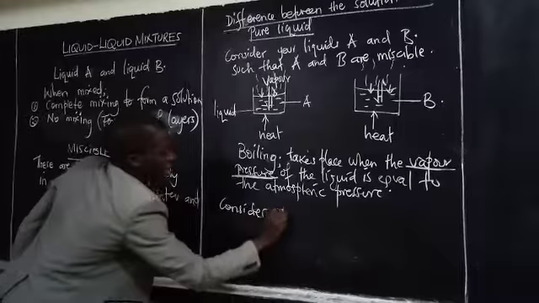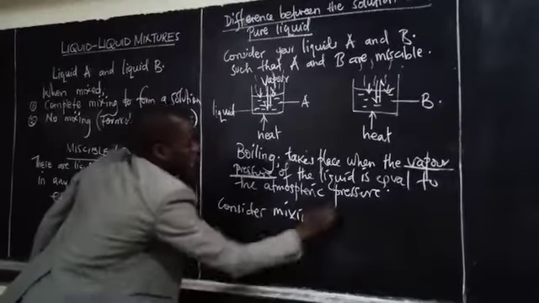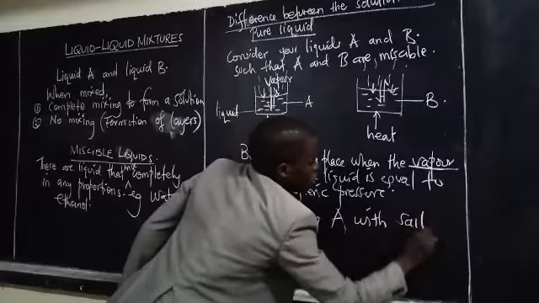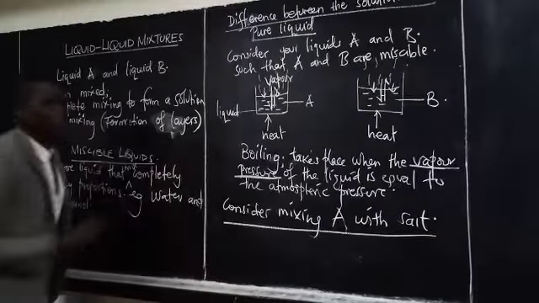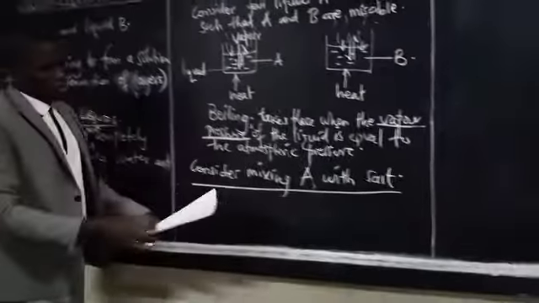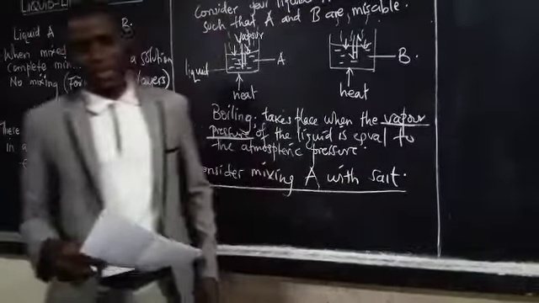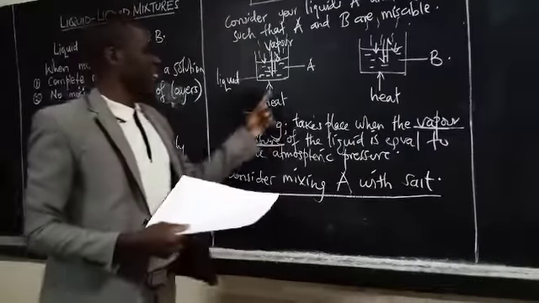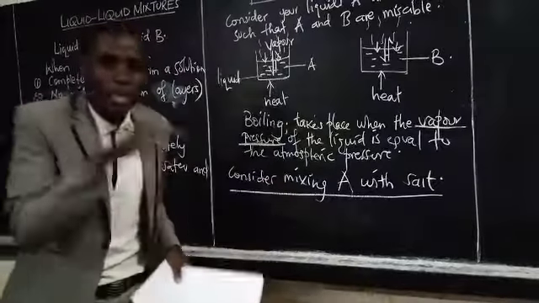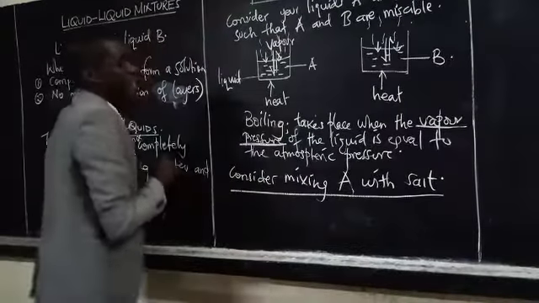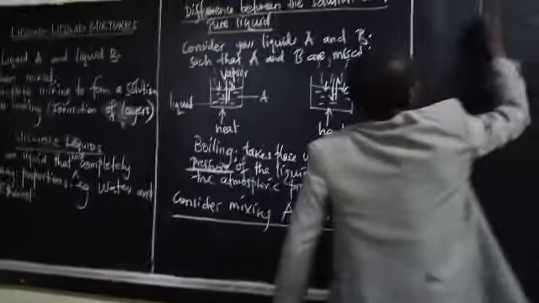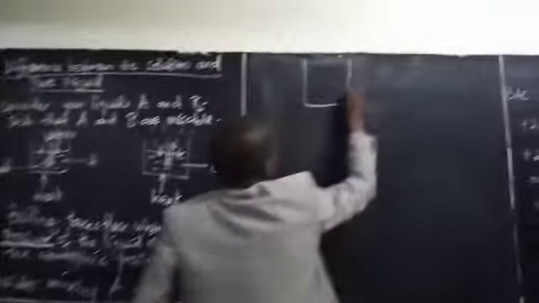Consider mixing air with salt. Just go pick salt. Salt is not expensive. You can pick some little, mix with air. Make sure you mix very well, and you make sure that they mix completely.